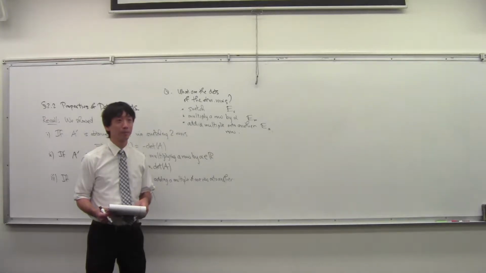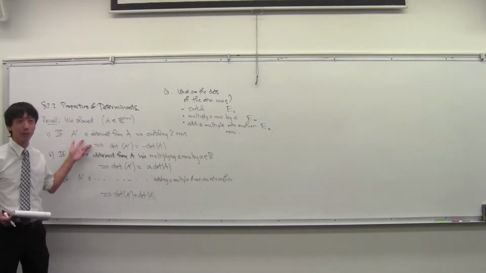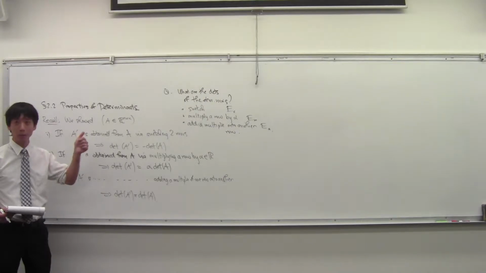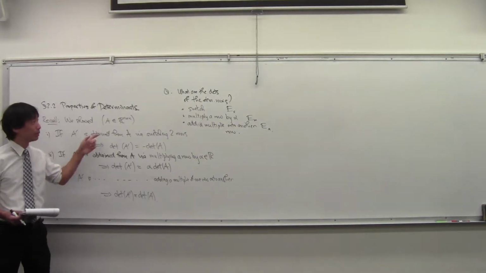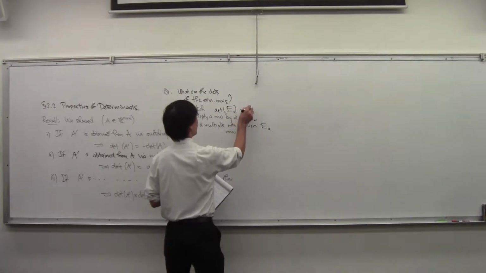By the first fact, if you take the identity matrix and switch two rows, the determinant will be multiplied by -1. The determinant of the identity is 1, so the determinant of this kind is going to be -1.